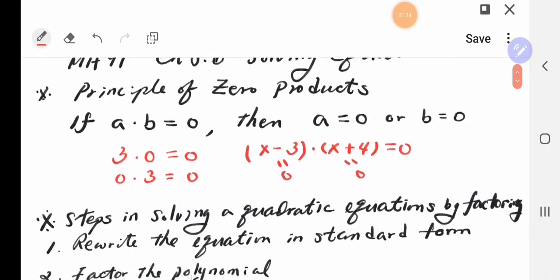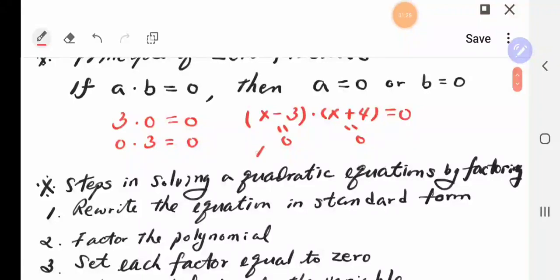If you set the first binomial equal to 0, then what is x? Then x will be 3, right? So 3 minus 3 is 0. So x equals 3. Then from the second factor, if you set x plus 4 equals 0, then x should be negative 4.